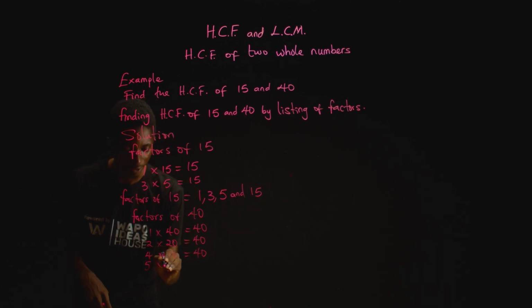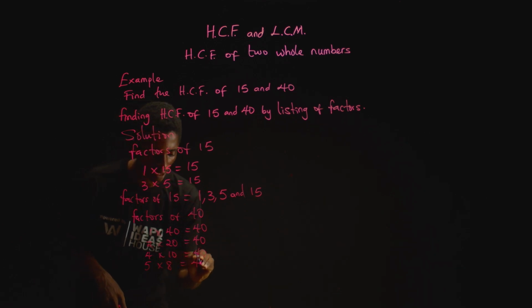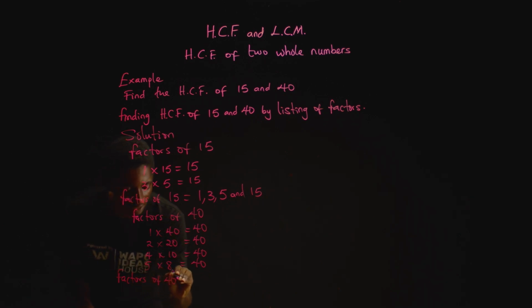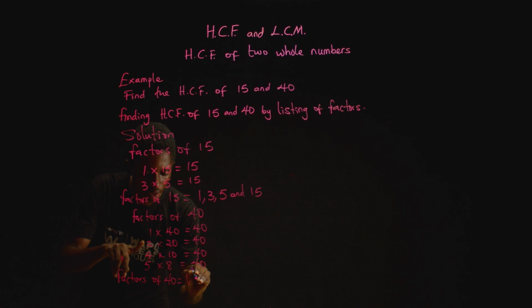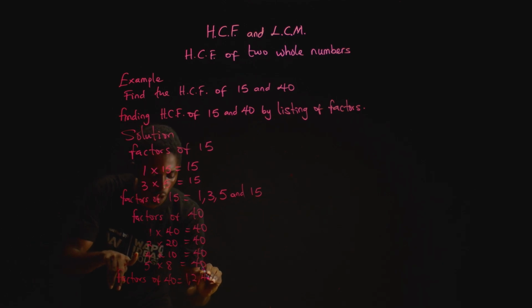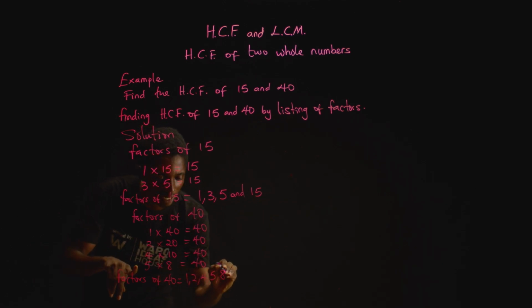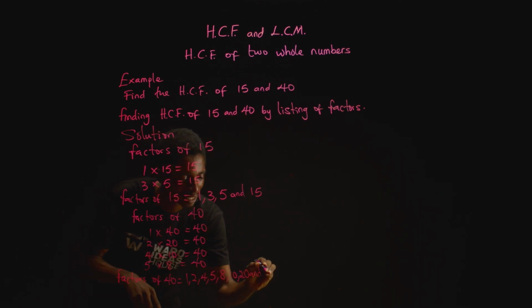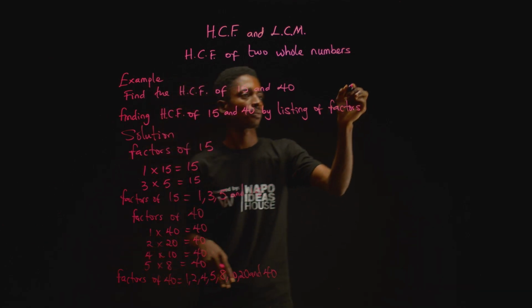And then 5 times 8 would give us 40. Therefore, our factors of 40 equals 1, 2, 4, 5, 8, 10, 20, and 40.